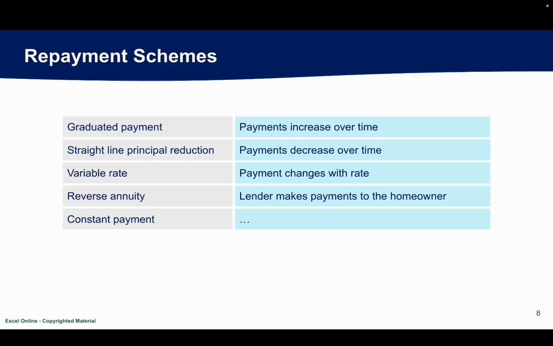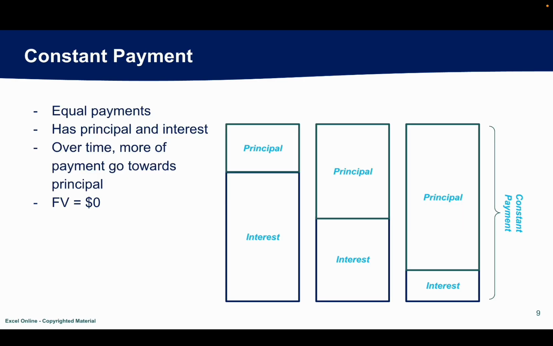The most common mortgage repayment plan is called a constant payment mortgage. In the constant mortgage repayment plan, the payments are constant. It's the same dollar amount every month. The payment has two components. The first component goes towards the interest, and the second goes to the principal.